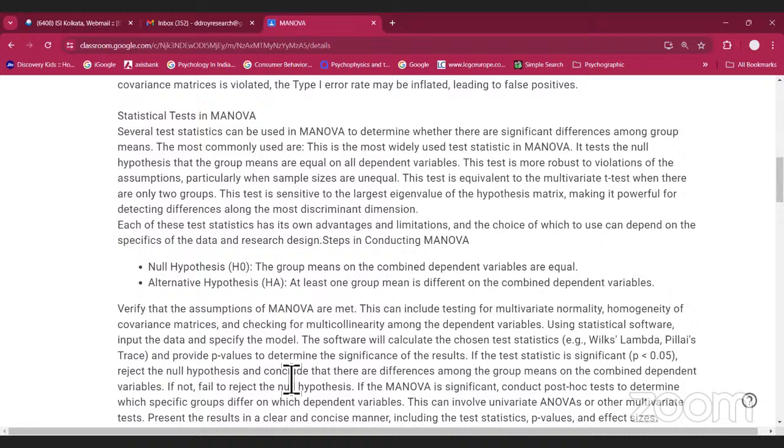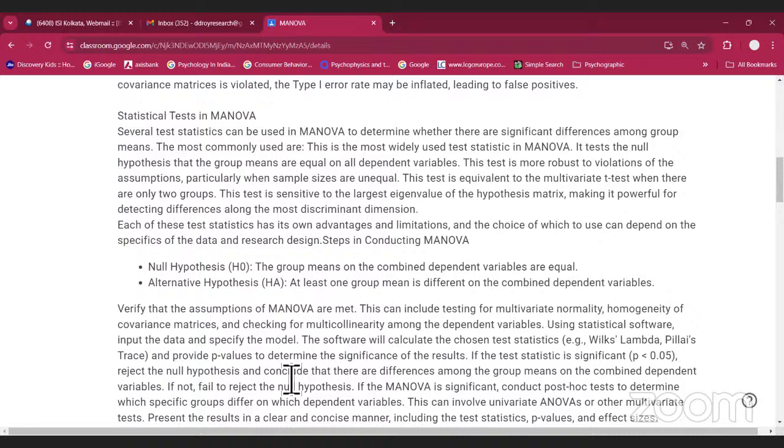The MANOVA provides us the knowledge about the maximization of differences among the groups and minimization of the differences within the groups. Okay, this part is vital.